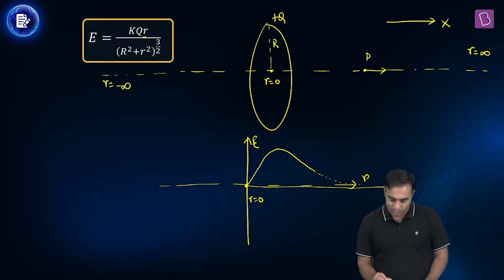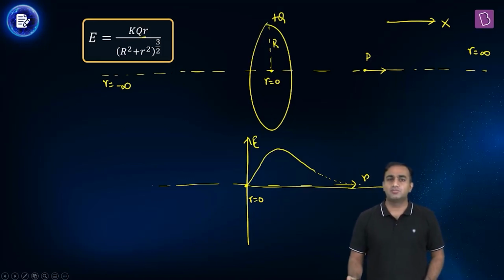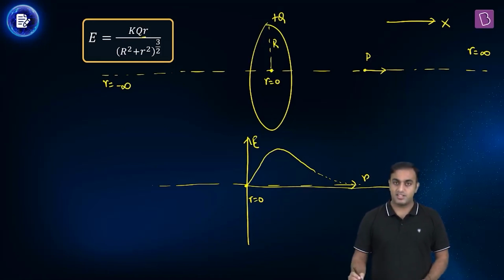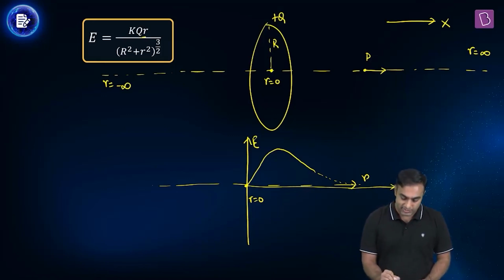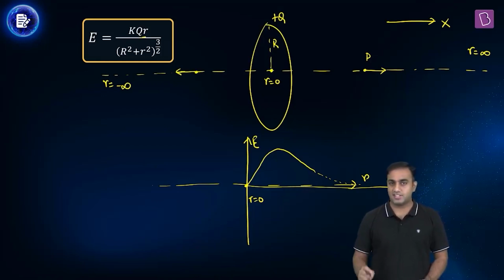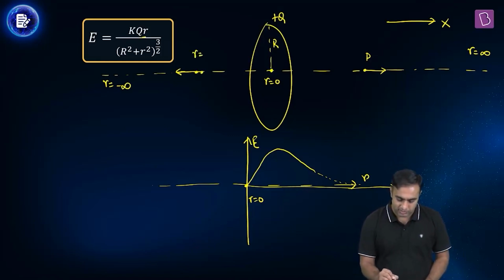Now, what happens on the other side? The same trend, right? It starts off at this position as 0, and on this side the electric field will be in this direction, opposite to that of the x-axis, and it becomes maximum in magnitude at a position, let's say r is equal to minus capital R by root 2. It's here.